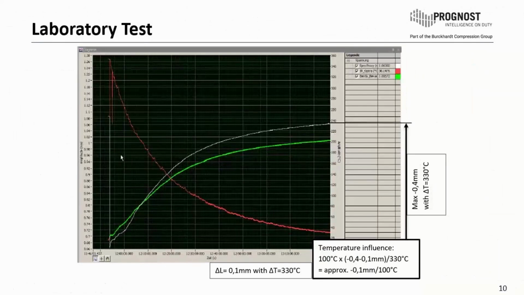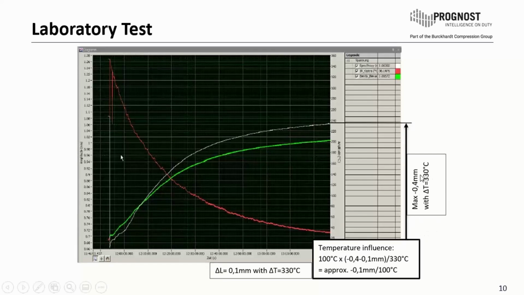Here we see the results of the calibration test. We can see the green and white lines, which are the values from two different proximity sensors. The red line is the temperature in this area, which goes from 330 degrees Celsius to more or less 40 degrees Celsius.